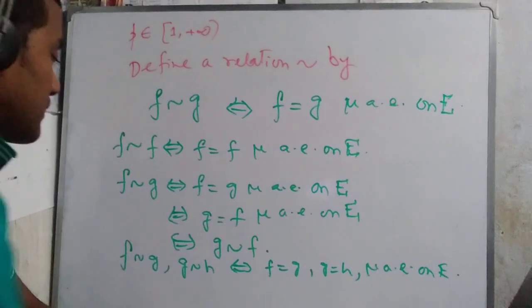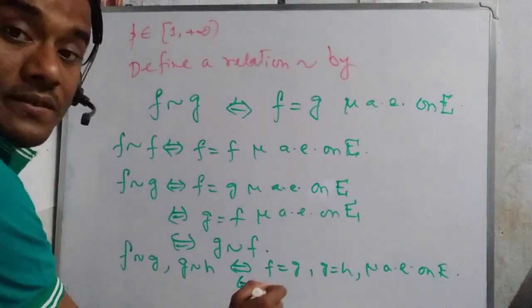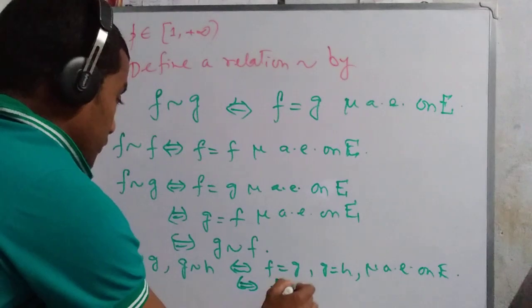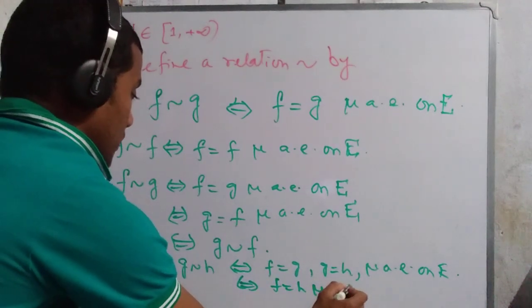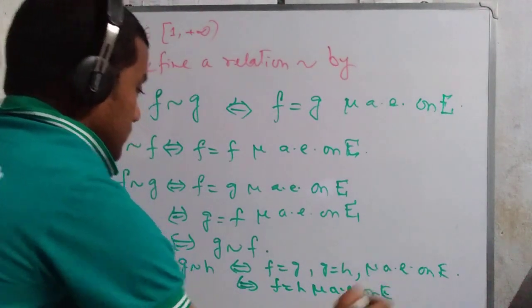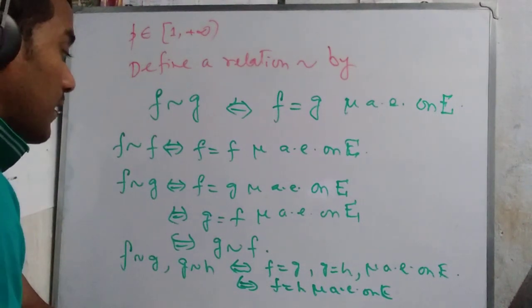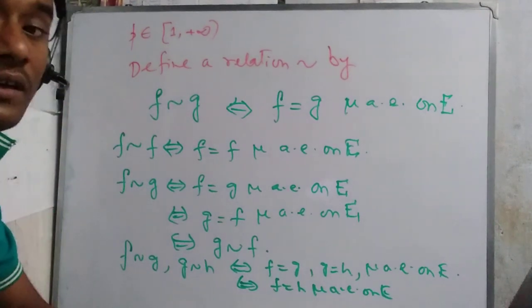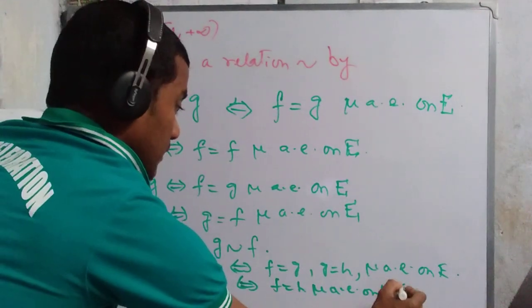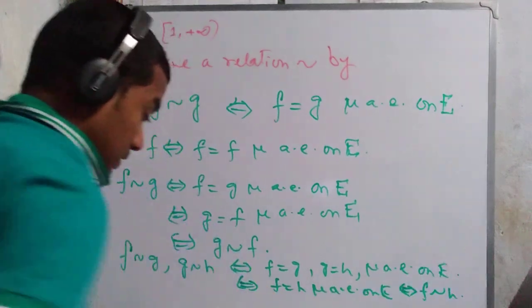This implies and is implied by f equal to h mu almost everywhere on E. This implies f tilde h.